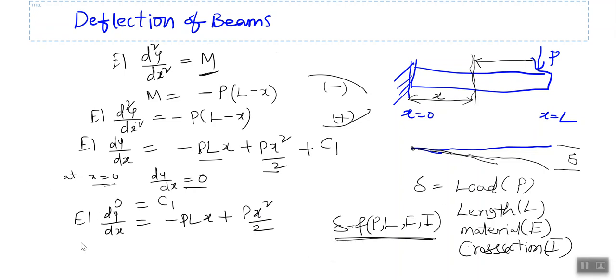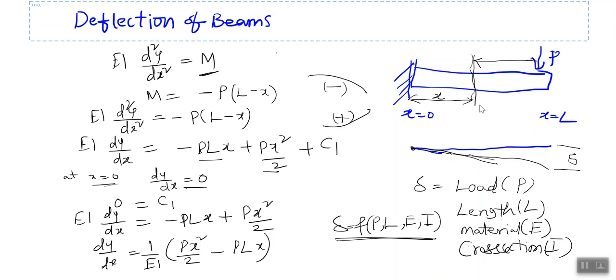So our slope equation will become dy/dx = 1/EI times (P x²/2 minus PL x). Okay, this is our slope equation. There is no need to remember this.